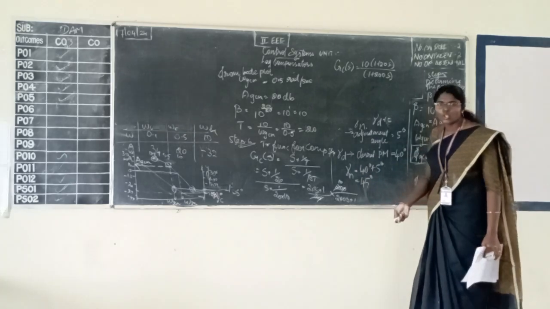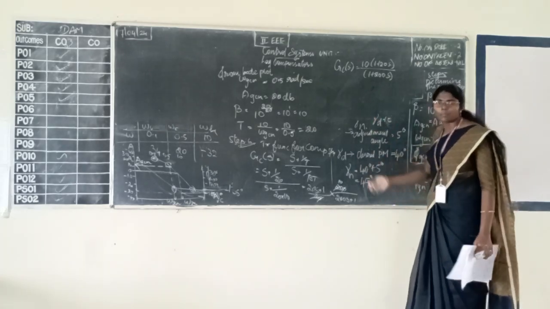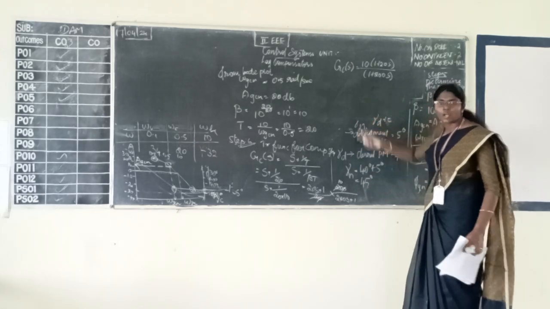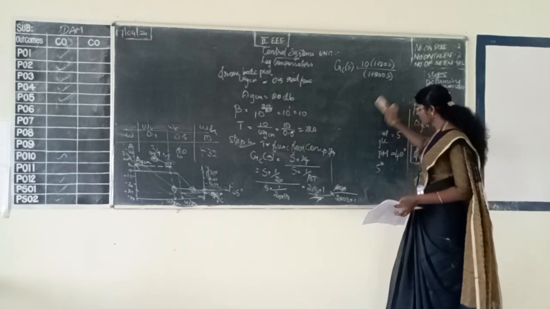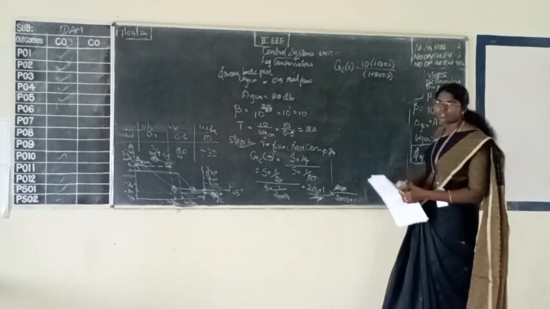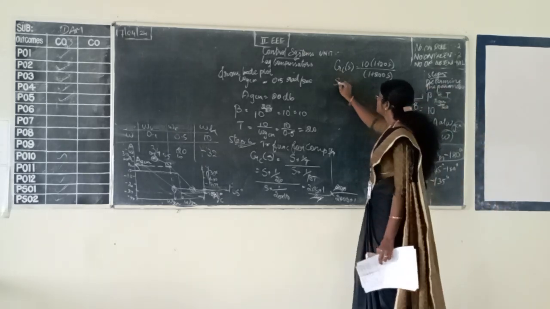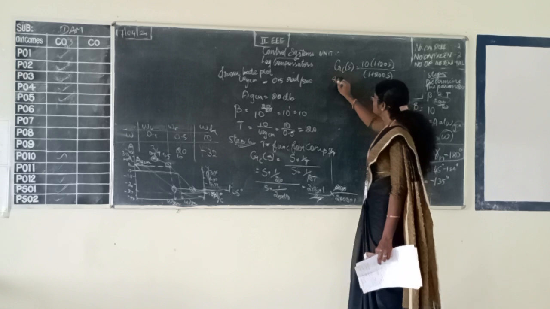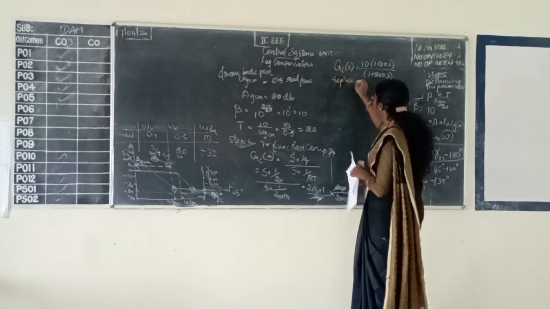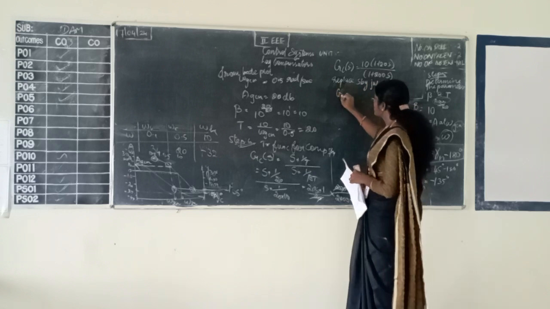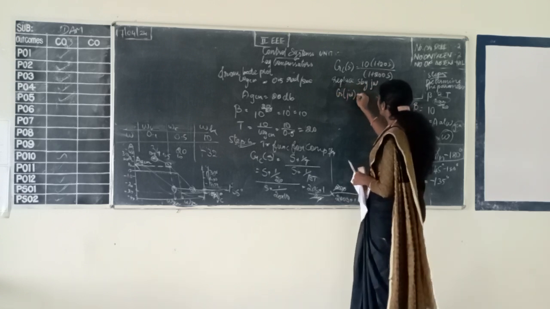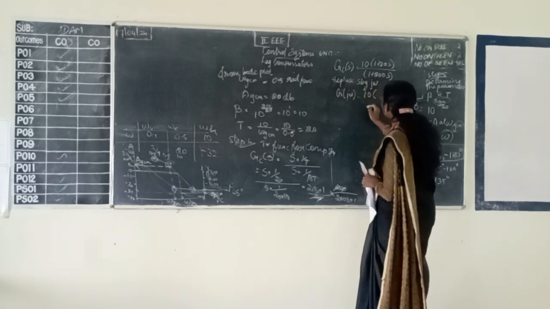Next, what do you have to do? You have to draw the product for the lag compensator system. First, replace S with j omega, that is 0 j omega will be equal to 10 into.